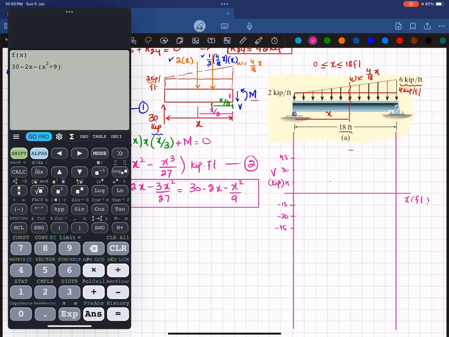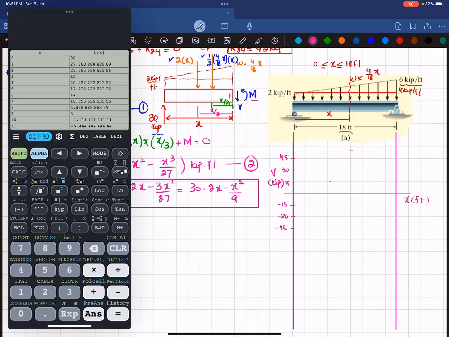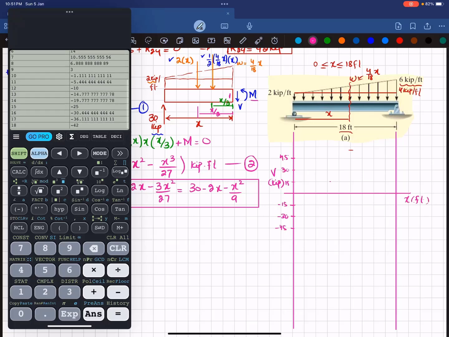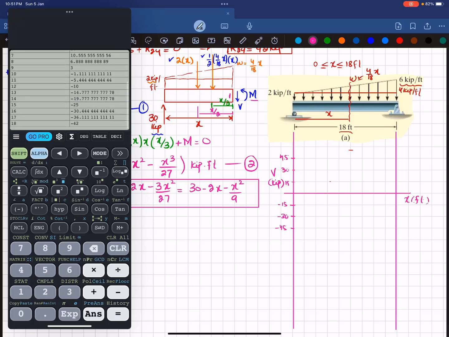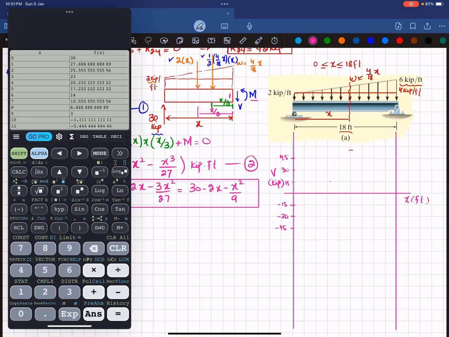We put the starting value of x as 0 and the ending value as 18 feet, and go in one step. You can see at x equal to 0 you have 30, and at x equal to 18 you have minus 42. You can check different values of x as well, so you have all these values and can just plot them.